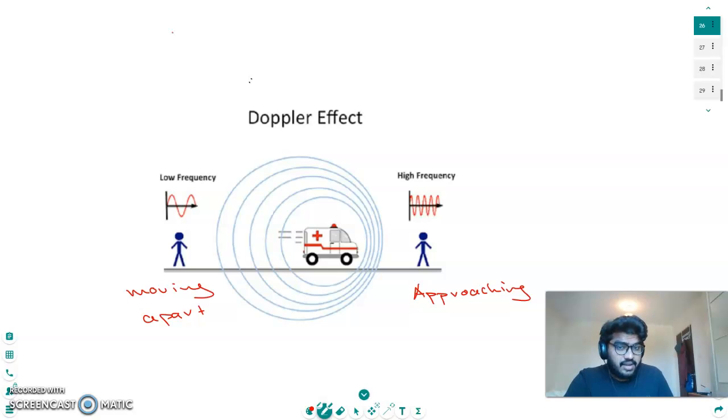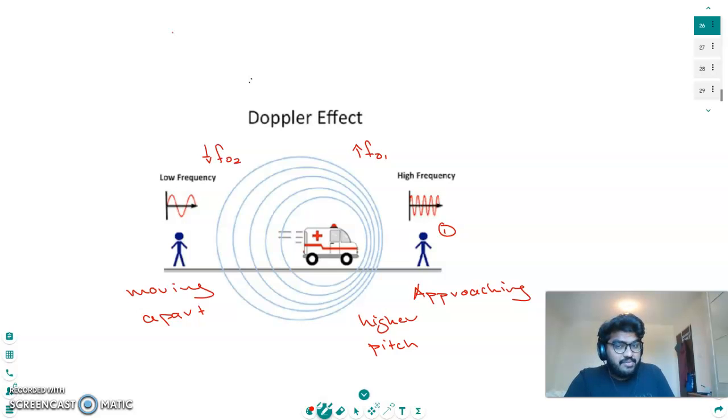And this results in that higher pitch because of an increased frequency for observer 1. So this person here is observer 1. But now for observer 2, what happens is because the ambulance is moving apart, the wavelengths appear to be stretched out. And this means that there's a decrease in the frequency for observer 2.